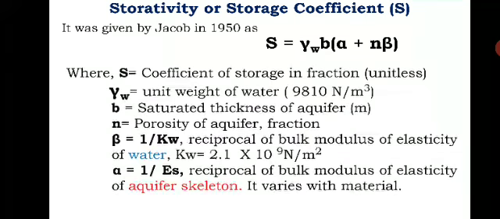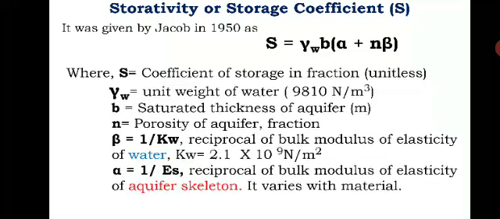S is the storage coefficient, or storativity. It doesn't have any unit, it is unitless. Then what is gamma W? Gamma W stands for the unit weight of water, that we all know, that is 9810 Newton per meter cube, into B. What is B?